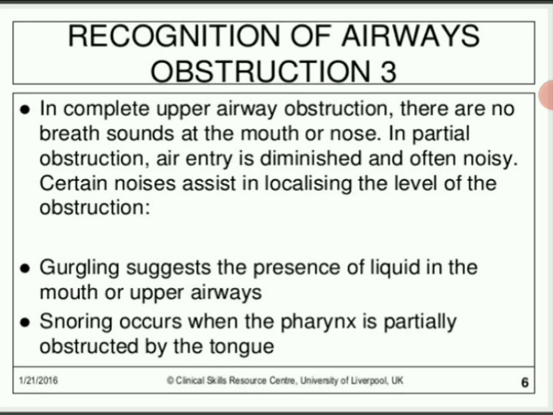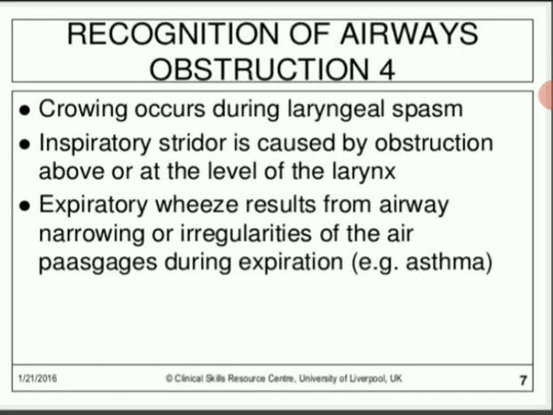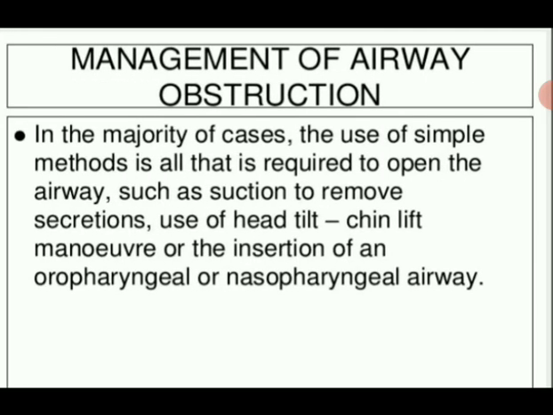Gurgling suggests the presence of liquid in the mouth or upper airways, and snoring may also be present. Crowing, stridor and wheezing sounds will be there, for example in asthma patients.